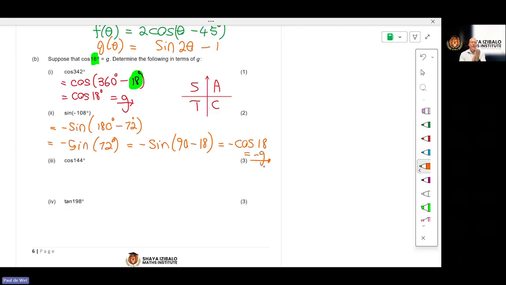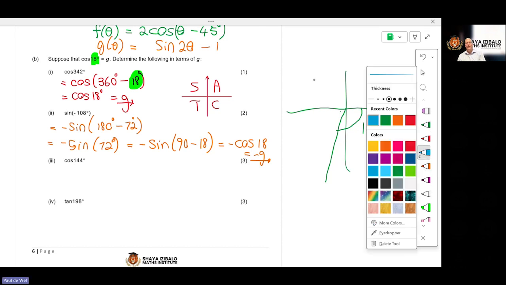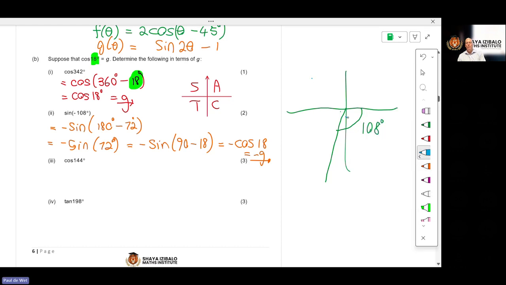Okay, guys, for me, this might have been a bit simpler if we look where the angle is. If this is 108, and we're coming around this way, this piece here is 90 degrees.